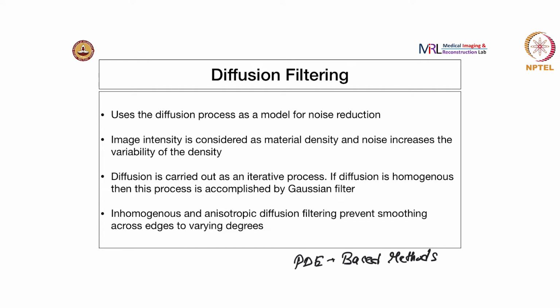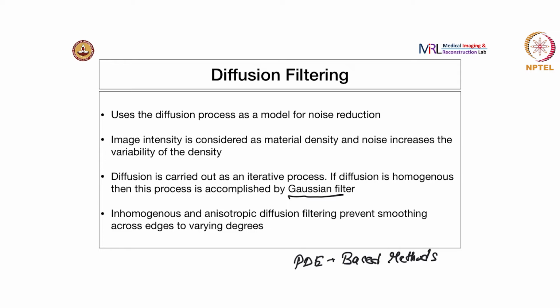Now, if we don't distinguish between edge and non-edge pixels through some means, then this diffusion, if carried out, is the equivalent of a Gaussian filter. This corresponds to what you can call a constant diffusion coefficient.